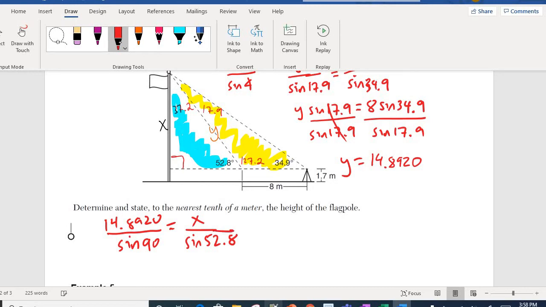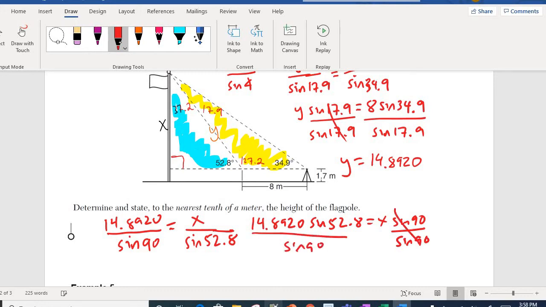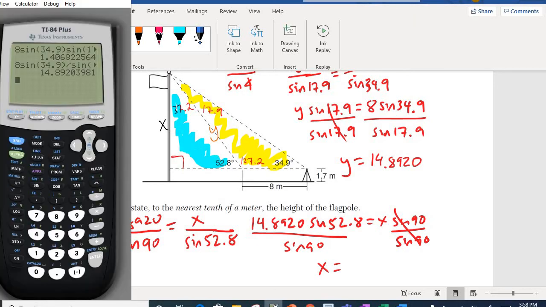We'll cross multiply. 14.8920 sine 52.8 equals x sine 90. If we divide by the sine of 90, that'll give us what x is. So we'll go back to our calculator. The good news is I actually have that number on my screen right now. So if I press up and hit enter, it'll repeat that number.